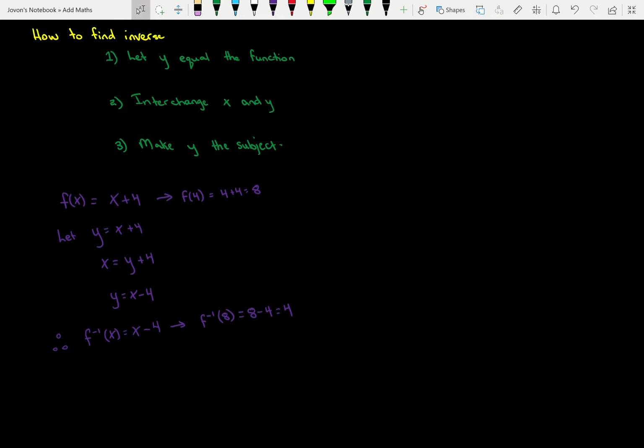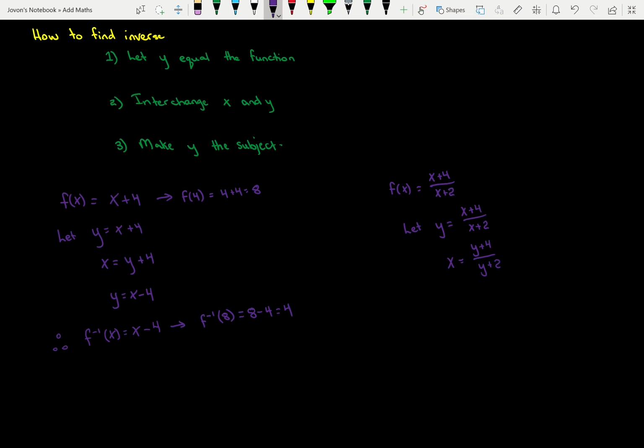So let's try a different one. Let's say we have f of x is equal to x plus 4 over x plus 2. So we say let y equal x plus 4 over x plus 2. Interchange x and y, so we have x is equal to y plus 4 divided by y plus 2.